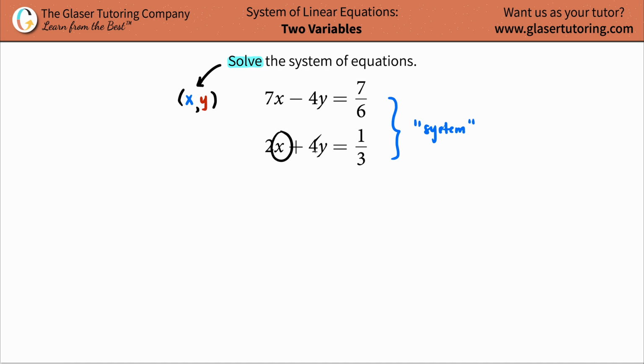They're both just x to the first, y to the first. So they're linear lines. And if there is a solution, that means that there is going to be possibly one point, one coordinate, x comma y, that these two lines have in common. And that's the solution. You want to find out where x marks the spot.